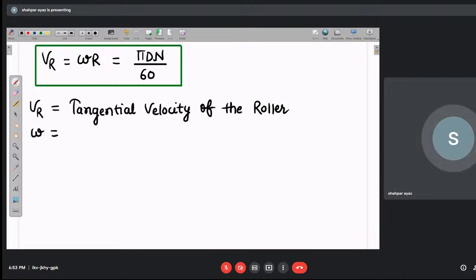Omega is the angular velocity, you know what omega is. The tangential velocity of the roller is in meter per second. This is sometimes important.